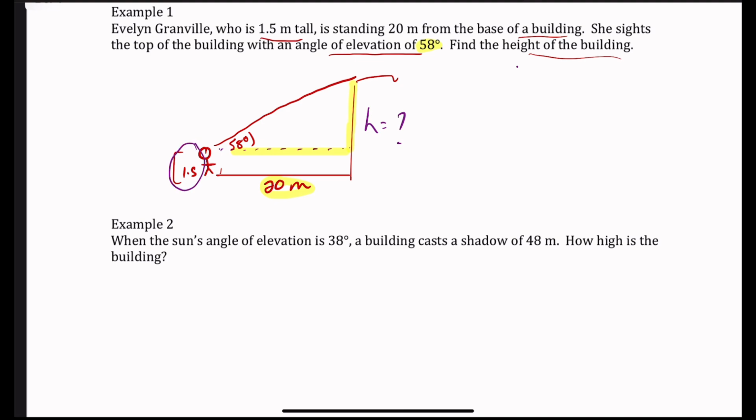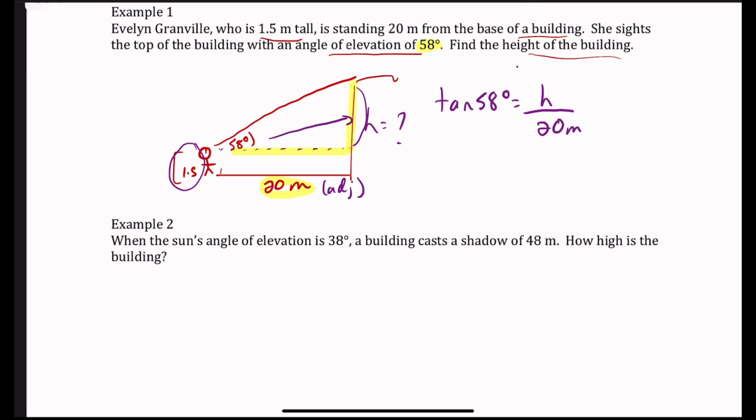So if we think about this here, the height, if that's the angle, the height is opposite to that, and what we have is an adjacent, then the best formula to use to solve for that small part here is the tan formula. So we would go tan 58 is equal to your height, which is your opposite, over your adjacent, which is 20 meters.